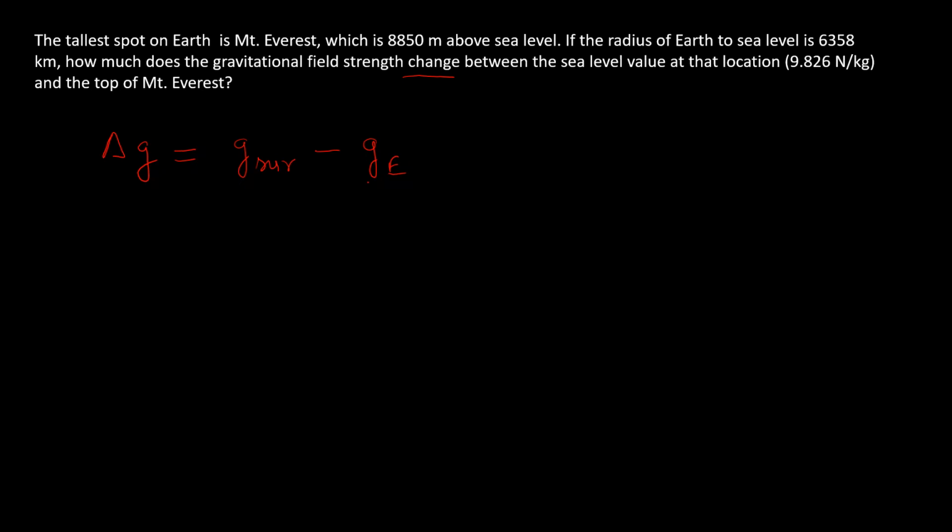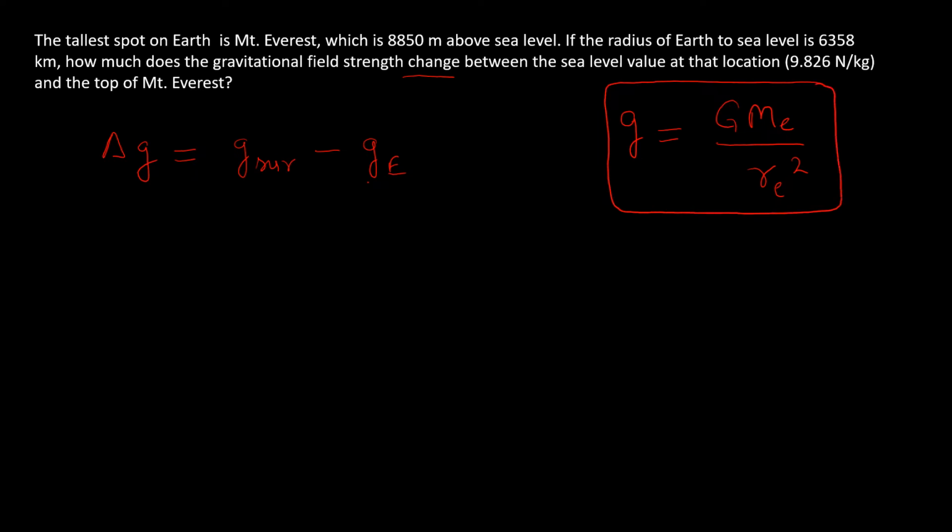One more thing, from our physics principle, we know the relation of this g, the acceleration due to gravity, is equal to G M_E divided by R_E squared. So this is the relation of small g with capital G, the gravitational constant, the mass of Earth, and the radius of Earth.